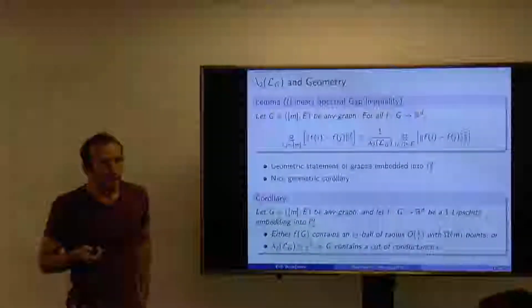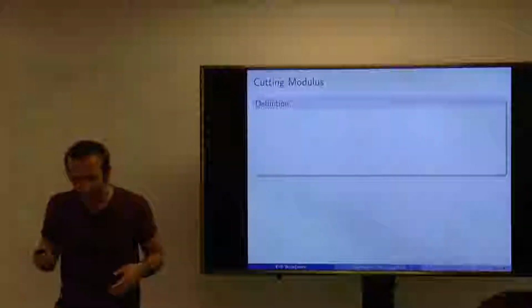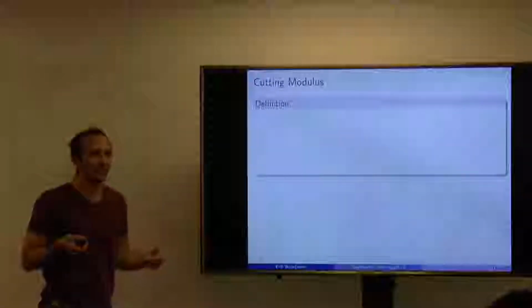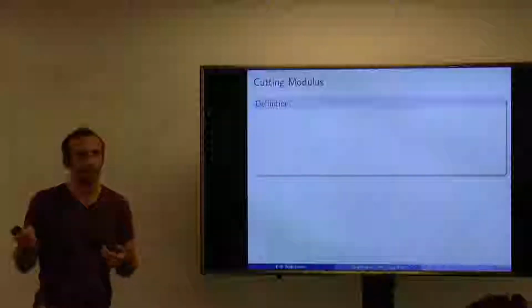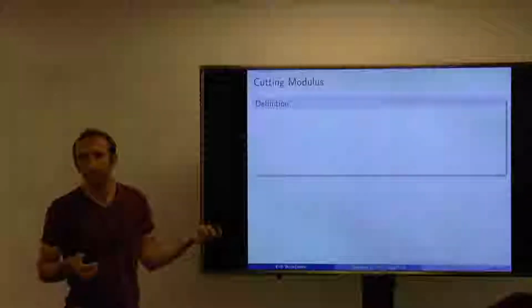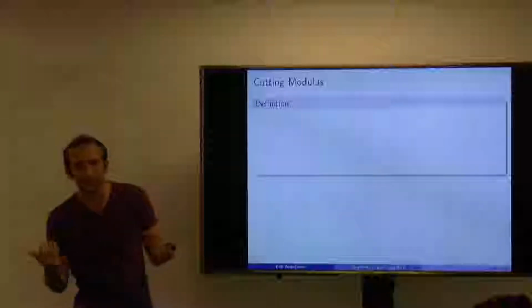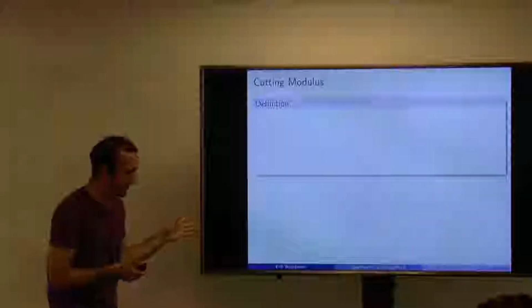Okay? So now I'll give a definition that tries to capture to what extent we can get this corollary for some general metric space. So to what extent is this corollary a property of L2? Or can we say something about general spaces? It'll be very similar to what I just described.